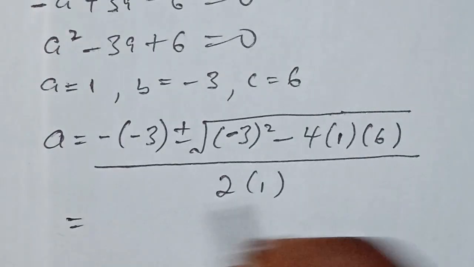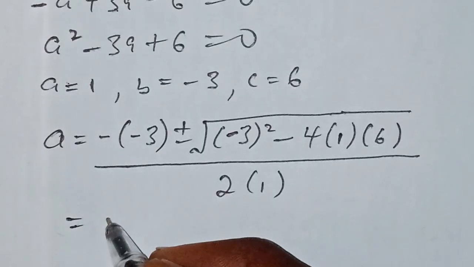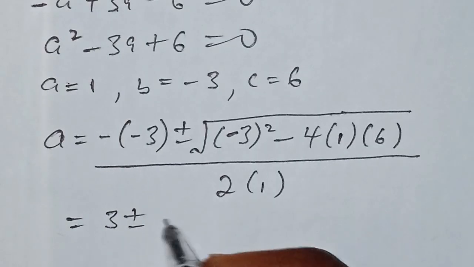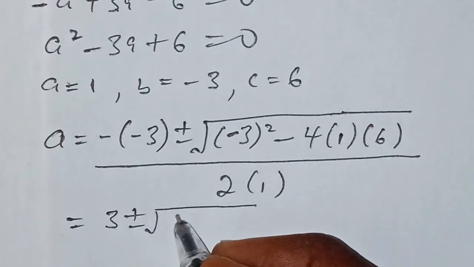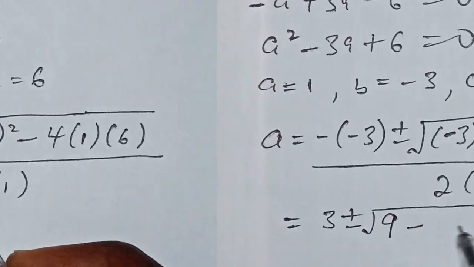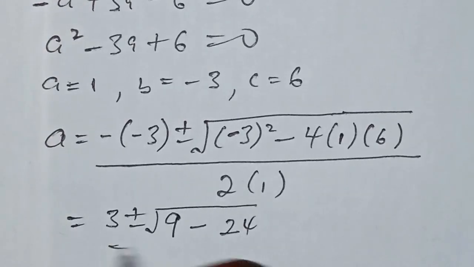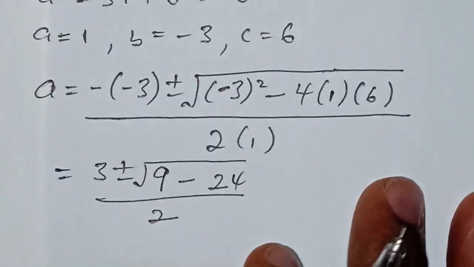So we can simplify all this as 3 plus or minus the square root of 9 minus 24, over 2.